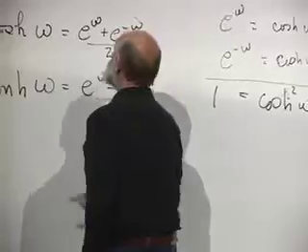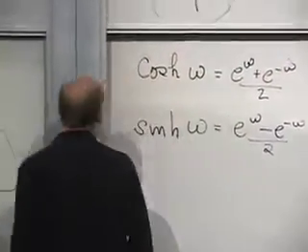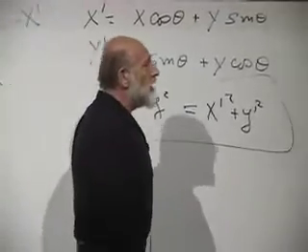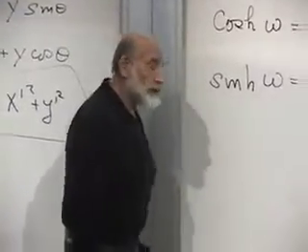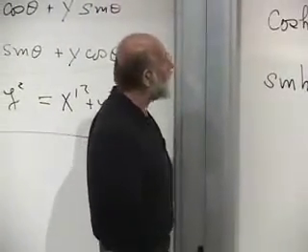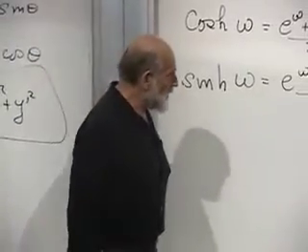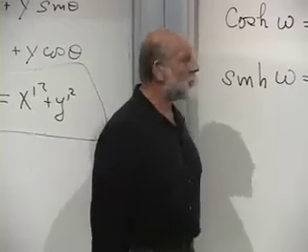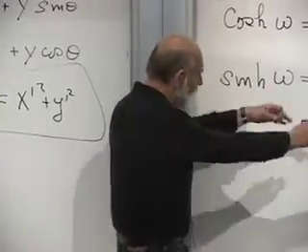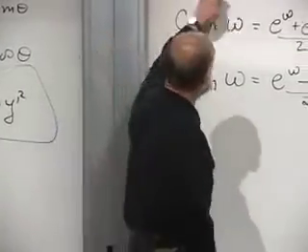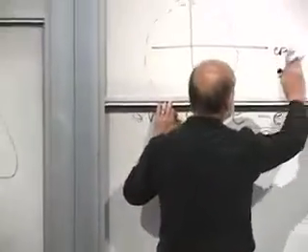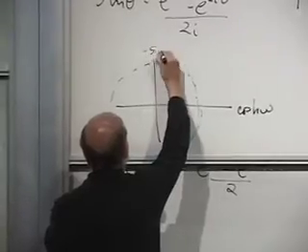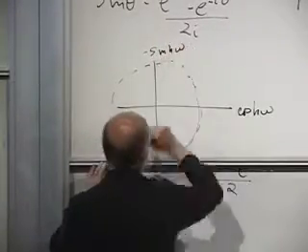So if I were to play the same game that I did here, namely plot on the horizontal and vertical axis the values not of cosine theta and sine theta, but cosh omega and sinh omega. In other words, on the x-axis now, we're going to plot cosh omega, and on the y-axis, sinh omega.